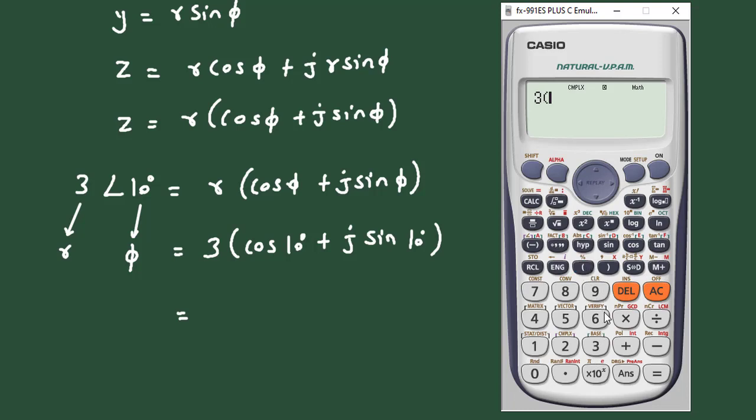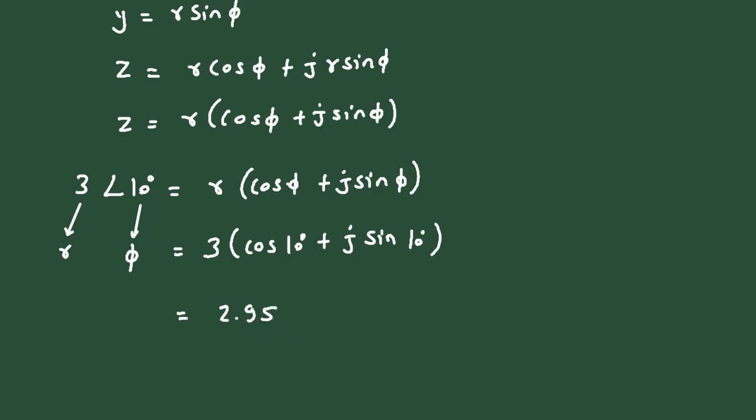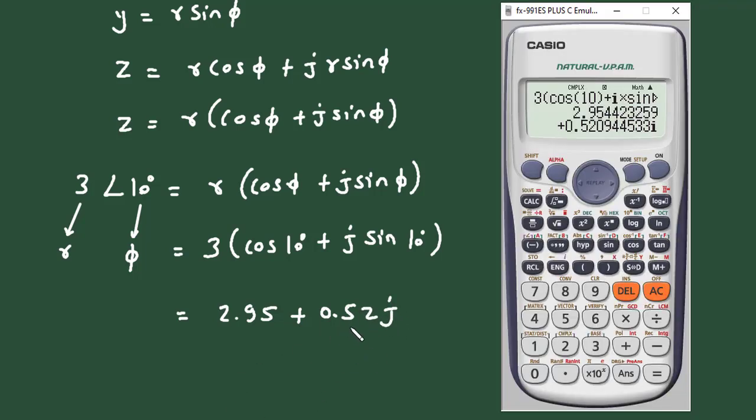So 3 in bracket cos 10 plus i into sin 10. So this is 2.95 plus 0.52j. So this is the answer in rectangular form.